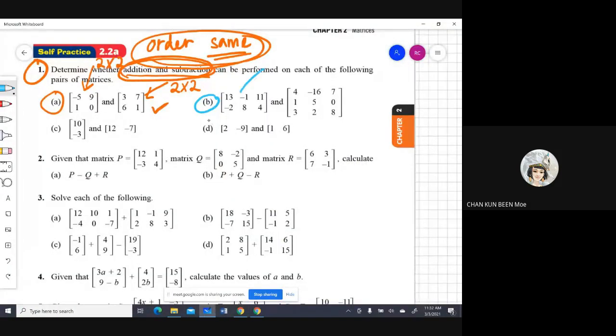Can you tell me what is the order of the first matrix here? 2 by 3. Okay, what about the second one? 3 by 3. Yes, very good. Thank you very much. Therefore, when the order is different, like Imran said just now, the addition and subtraction cannot be performed.